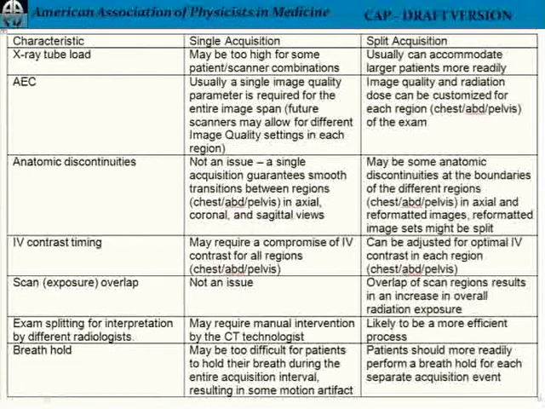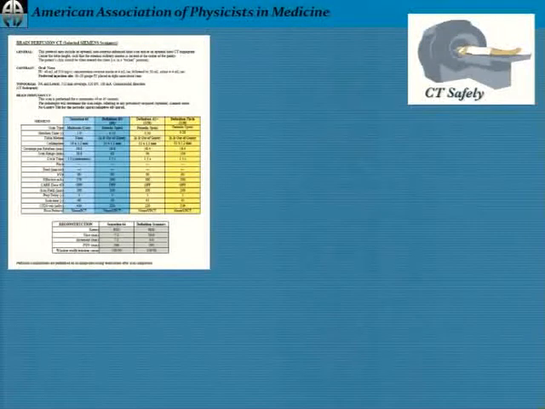At my institution, we actually do each piece separately. The chest, the abdomen, and the pelvis are 3 separate events. There are advantages and disadvantages for each approach, and that's also spelled out in this document. So you might want to take a look at that to see if there are benefits that maybe aren't being appreciated at your site.